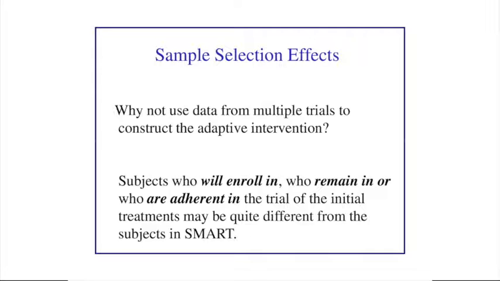Another example that's, I think, even more cogent and really made things very clear to me was when I was talking to a colleague at UPenn. He's a substance abuse researcher, and he had run a number of these non-responder trials. He had these great treatments for non-responders. These were cocaine abusers or alcoholism, either one.